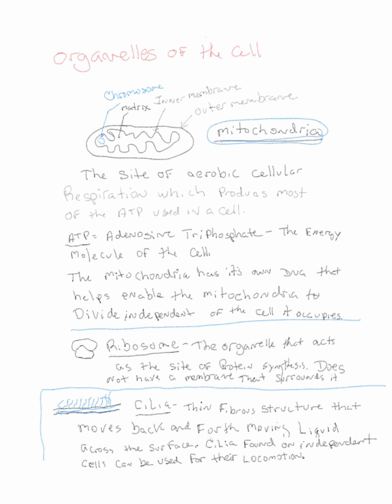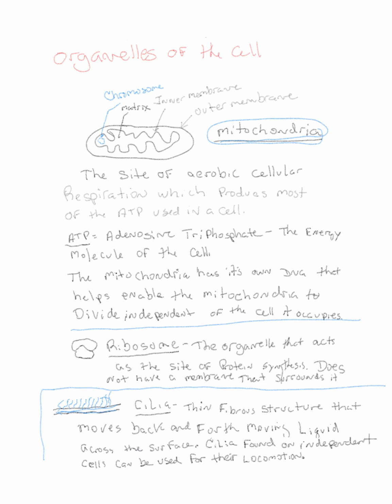They can be found on cells that line cavities in the human body, such as in your respiratory system. In the respiratory system, they beat back and forth and move mucus out of the lungs to the back of your throat where you swallow it.